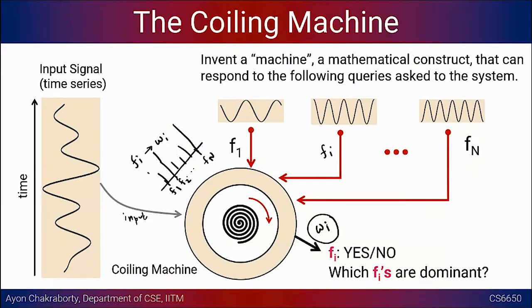So that is Wi. And depending on the relation between all these Fi's and Wi's, we could figure out, out of a set of Fi's, which of the Fi are more prominent than the others. I would call this a mix of different patterns, and out of these different patterns, which of the patterns are more prominent.